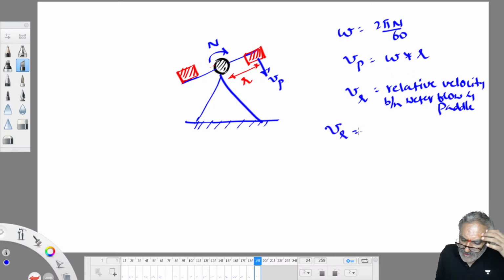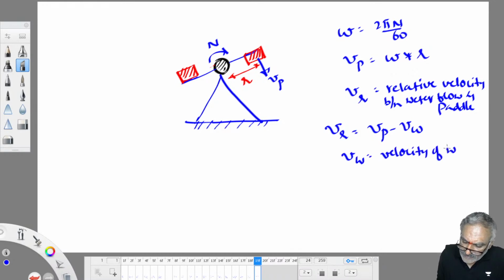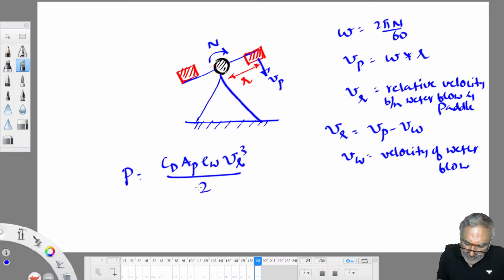Okay, this relative velocity is equal to Vp minus Vw, the velocity of water flow. That will give VR. That VR we use in the power calculation, that's the only difference. So P is equal to CD AP rho W VR cube by 2. That's how we can work out power.